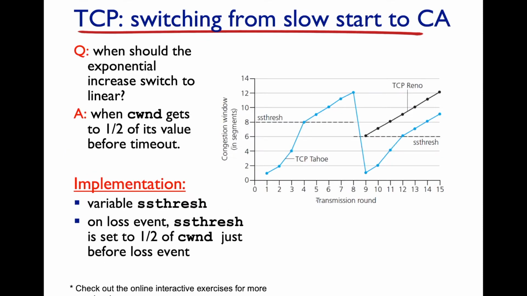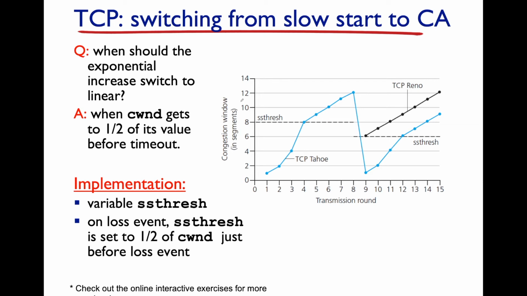Okay, so let's take a look at the difference between the sender window behavior for TCP Tahoe and TCP Reno. We start out with the horizontal axis, that's the transmission round. So these are just time steps, 0, 1, 2, 3, 4, for each round of sends representing a sender window.